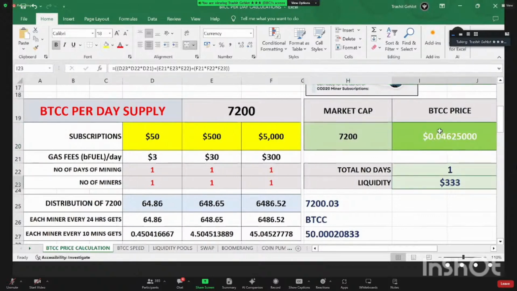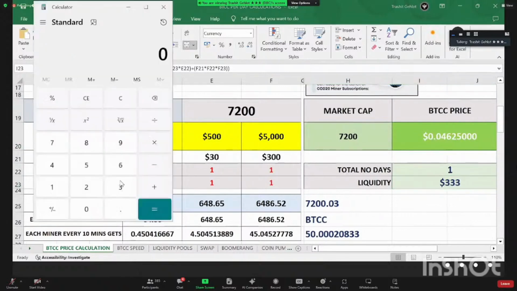This determines the cost of BDCC as 0.04. How? The liquidity is 333 divided by 7,200, so that's 0.0462. This is how a coin's price is determined.